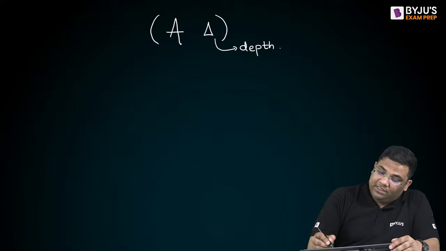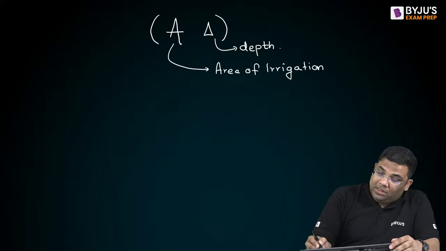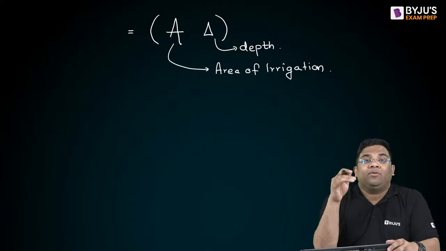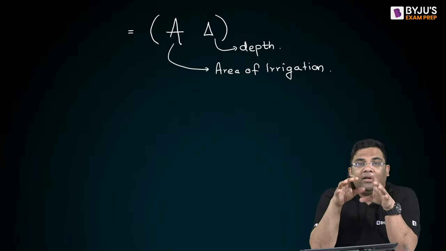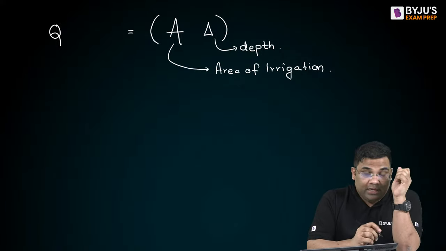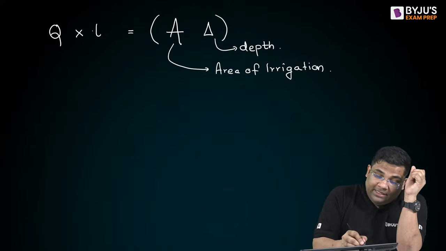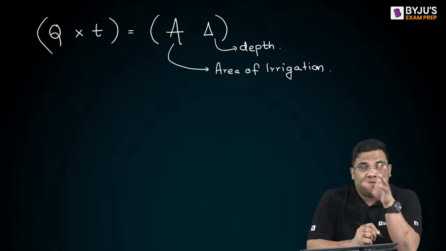Now this will come from a particular canal. You are providing this irrigation water from a canal. So the discharge of the canal is Q, and you allow the irrigation for time T. So this is also the volume.